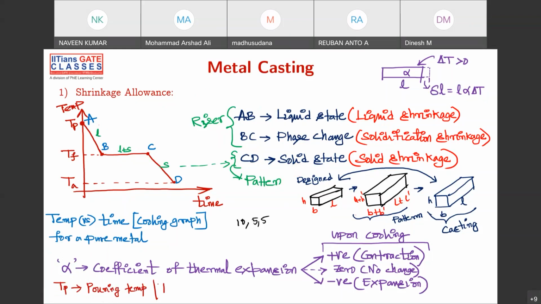TF is the phase change temperature, and TA is the ambient temperature, in the sense the surrounding temperature.